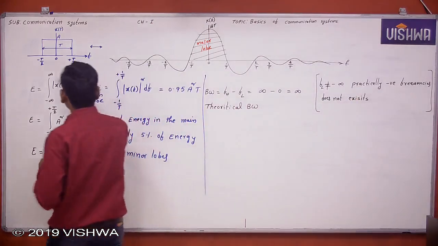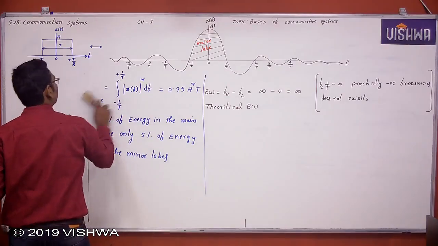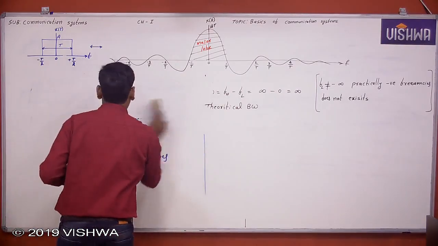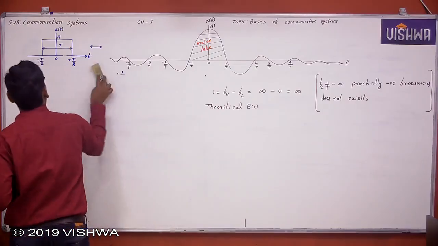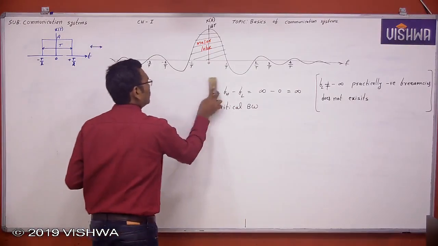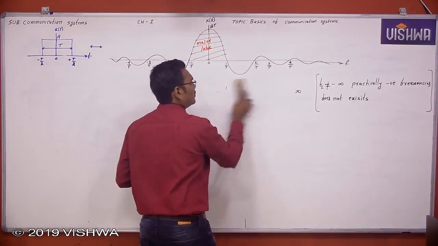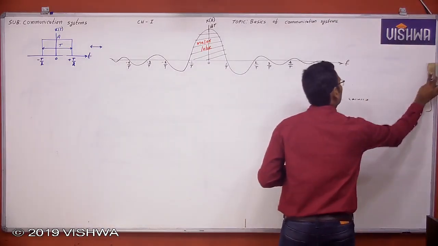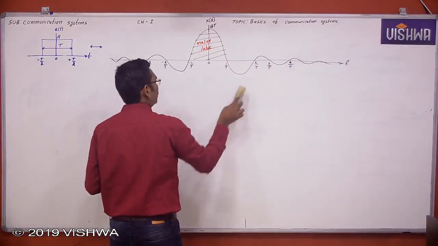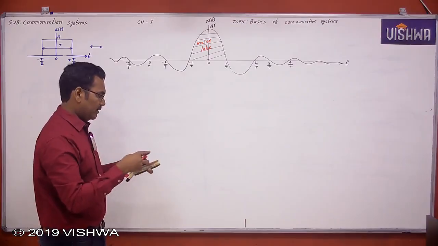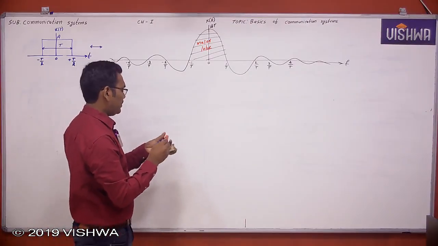Okay. So see here. Now we are using a filter. The filter here is used for band limiting. So I want to limit the bandwidth.